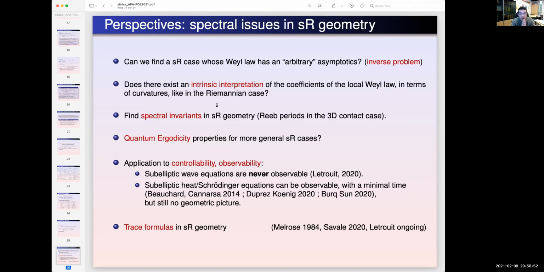I did not think about this issue, but for the subelliptic heat equation that was studied, for instance, by Beauchard and Cannarsa, it could be very great to study if there is a similar observability inequality with a constant inside of which we can get some new geometric information. But I'm not aware of any work in this direction until now.